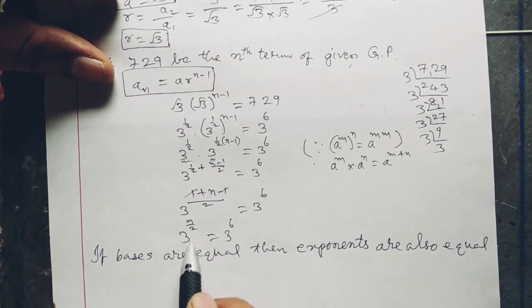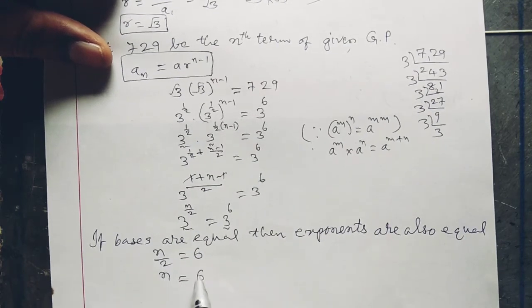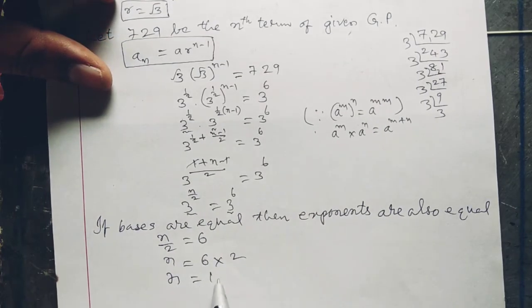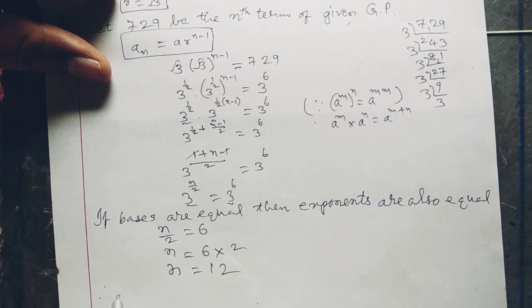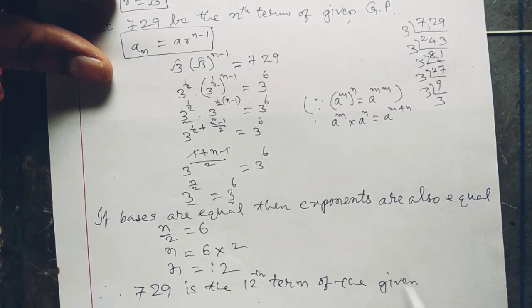Therefore n by 2 is equal to 6. n is equal to 6 into 2. n is equal to 12. Therefore 729 is the 12th term of the given GP.